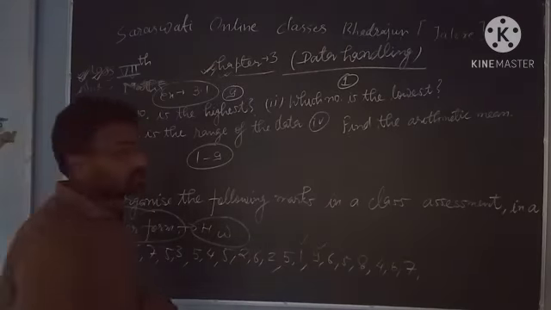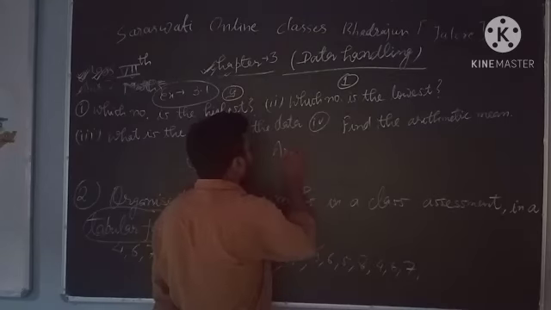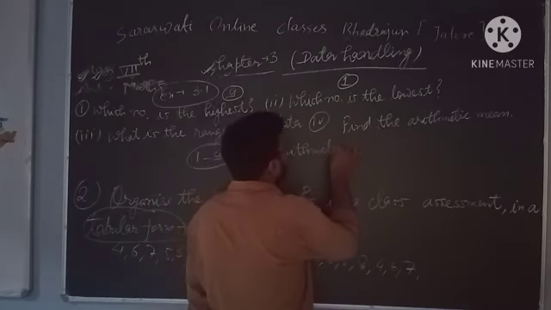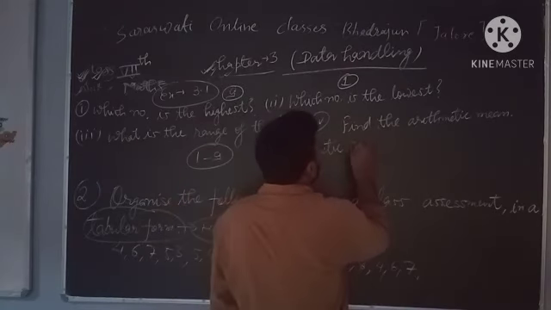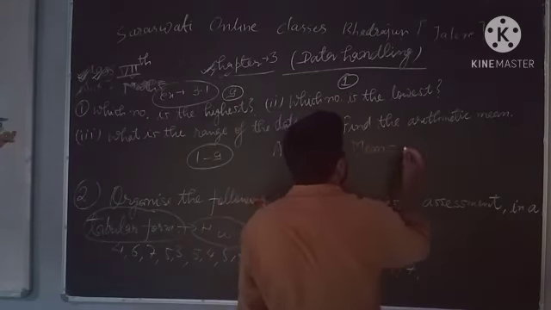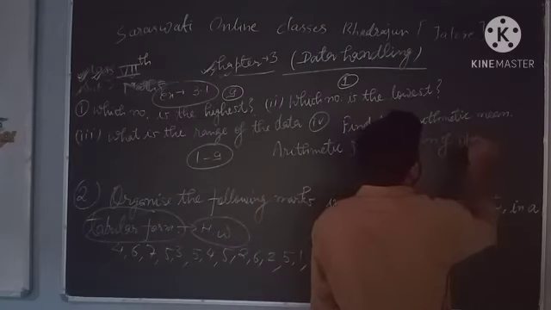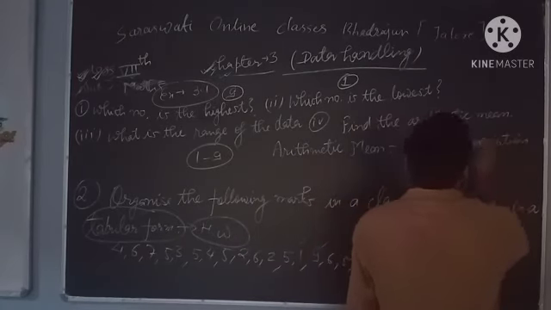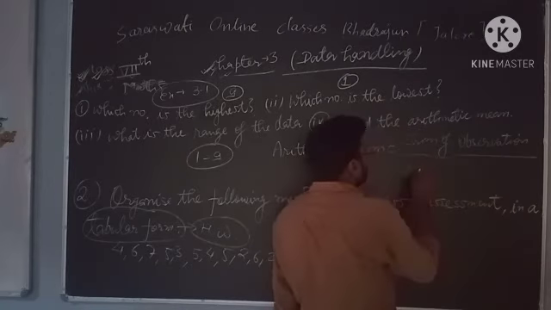So what is arithmetic mean? Actually arithmetic mean is sum of observation upon number of observation.